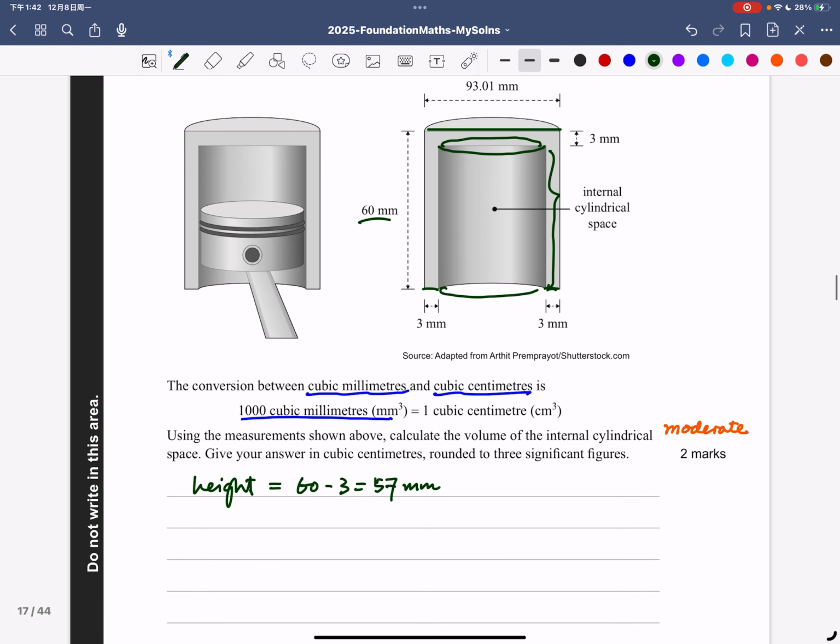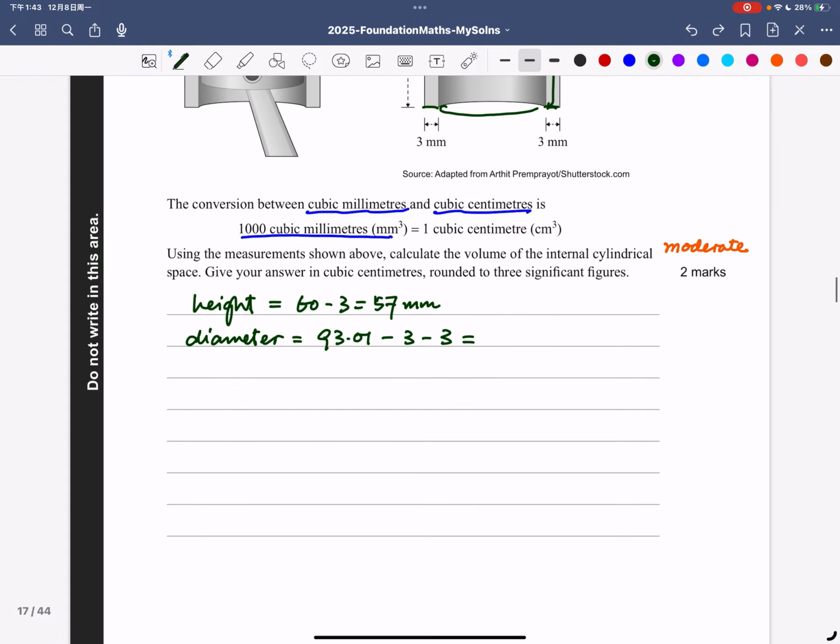Therefore, the inner diameter equals 93.01 take away 3. I probably need to use my calculator. Actually, I can do 93.01 take away 6. So I'll get, let's say, 87.01.